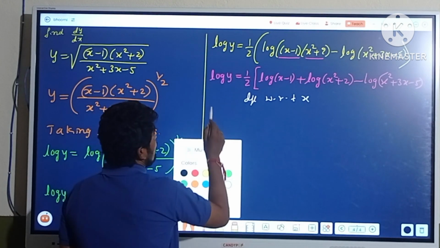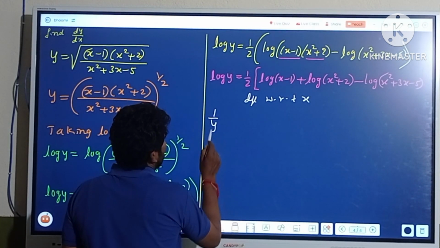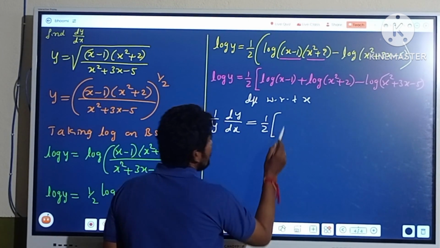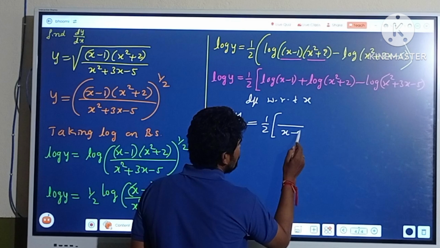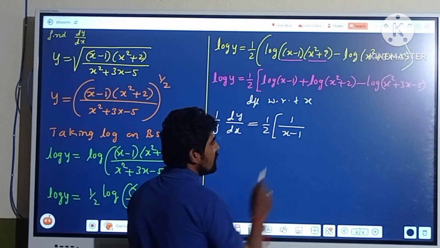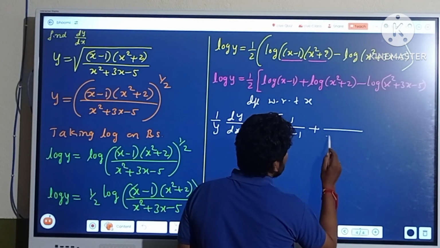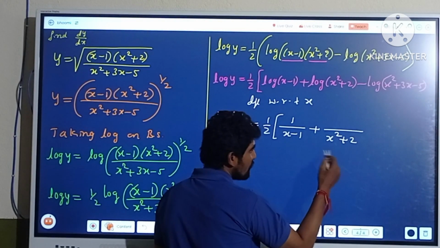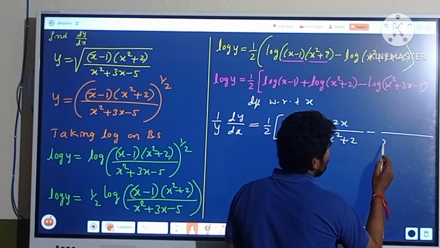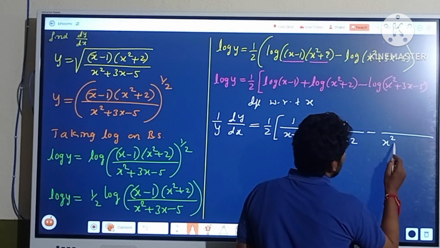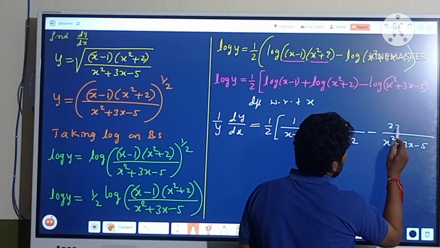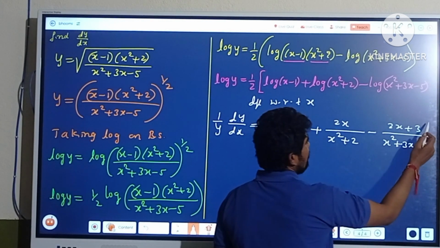Now the derivative of log y is 1 by y into dy by dx, equal to 1 by 2 into the derivative of log of x minus 1, which is 1 by x minus 1 into the derivative of x minus 1, which is 1, plus the derivative of log of x square plus 2, which is 1 by x square plus 2 into 2x, minus the derivative of log of x square plus 3x minus 5, which is 1 divided by x square plus 3x minus 5 into 2x plus 3.